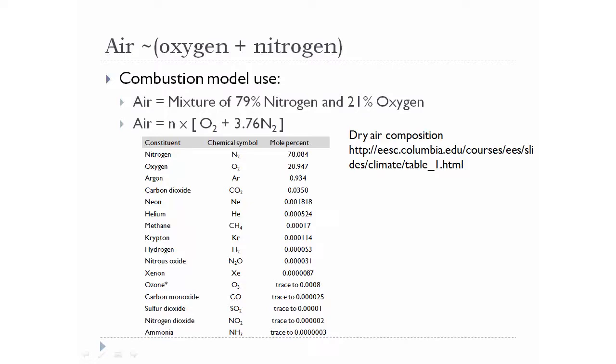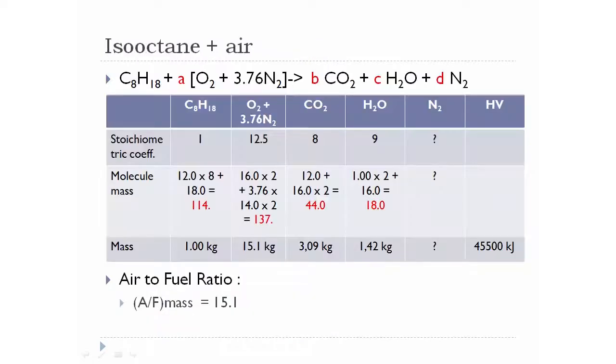Nitrogen is around 79%, oxygen is around 20%, and the rest are other components, but not that much. That's why for normal combustion, this is the stoichiometric equation.